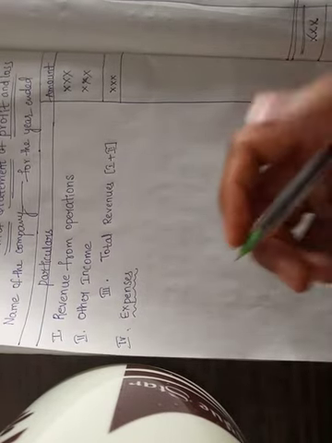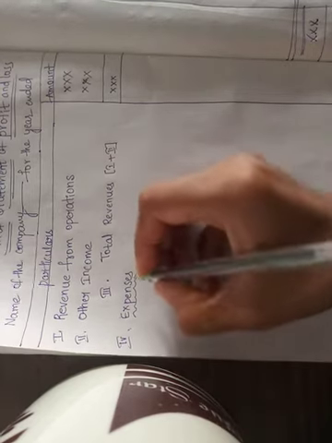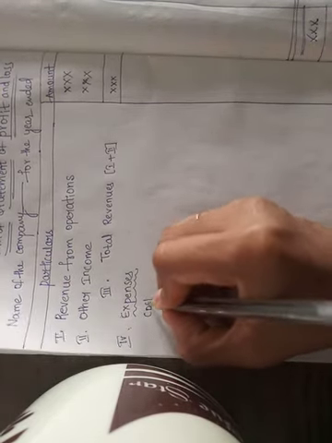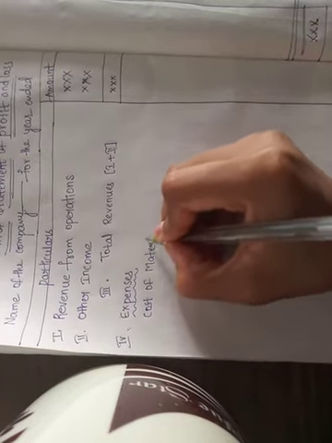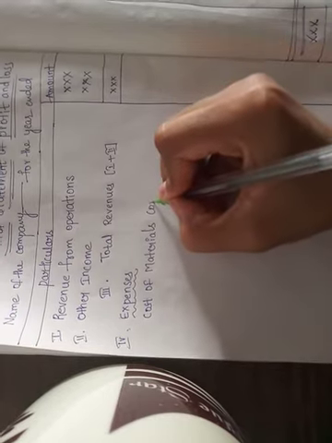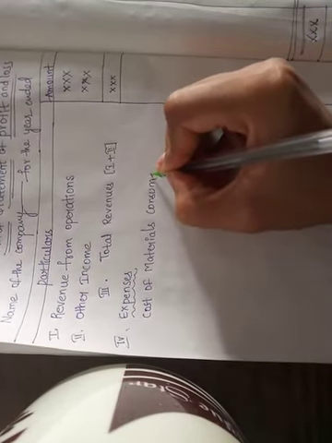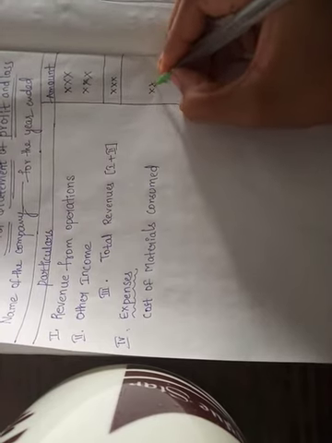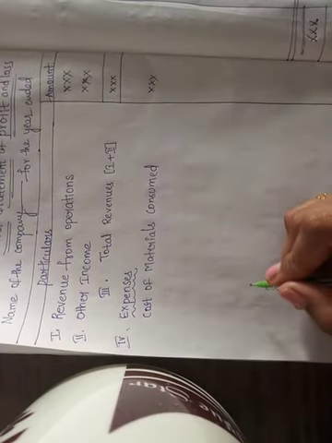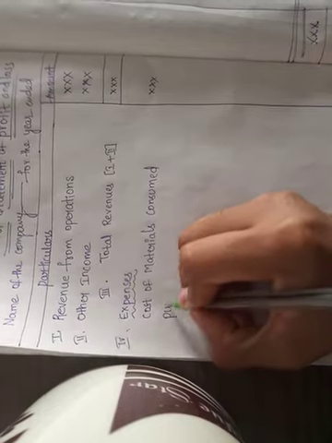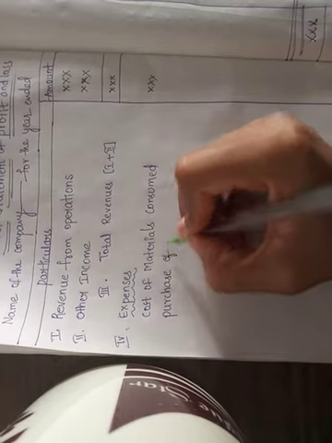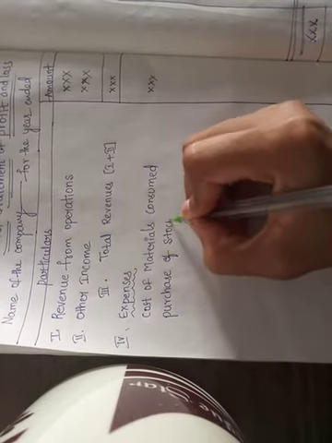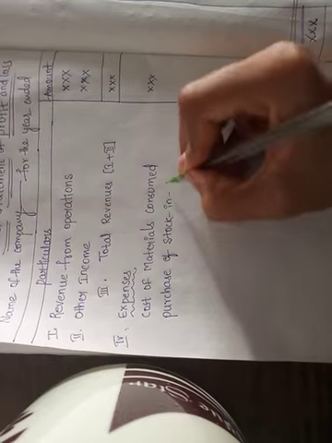See what items come here: cost of materials consumed, then purchase of stock in trade.